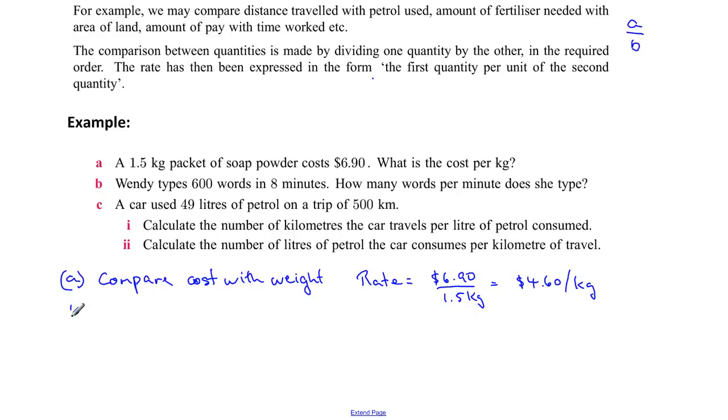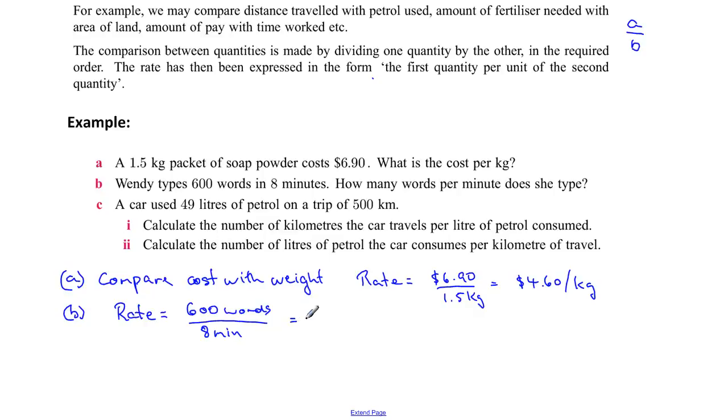So our second example looks at Wendy typing 600 words in 8 minutes. So what are we comparing here? We're comparing words and time in that order. So the rate will be the words, 600 of those words, and we divide by 8 minutes. 600 words per 8 minutes.